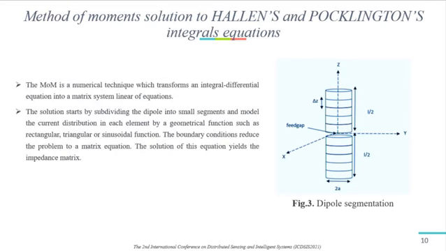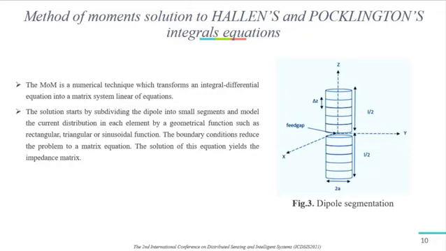Now we will present the method of moments as solutions of Hallen's and Pocklington's integral equations. The method of moments is a numerical technique which transforms an integral differential equation into a linear matrix system of equations.